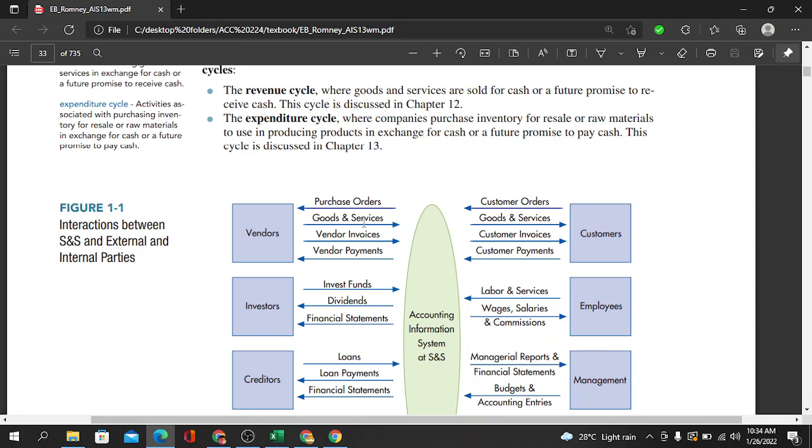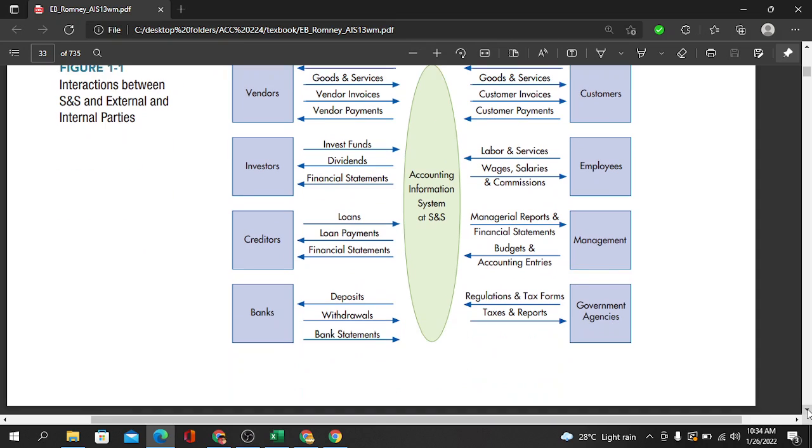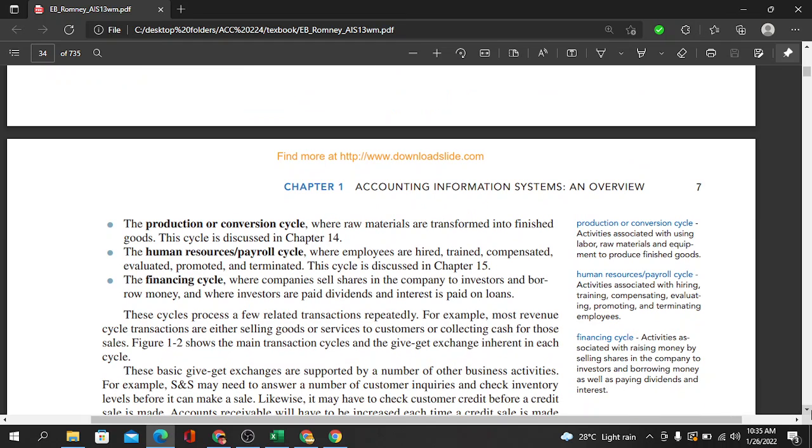We give something and we get something in exchange. Then we have the internal and external parties, and there is an interaction between them. The AIS plays the major part in giving information to the internal and external parties.